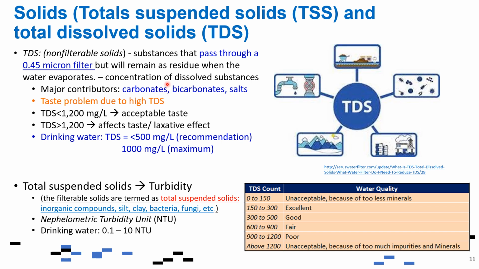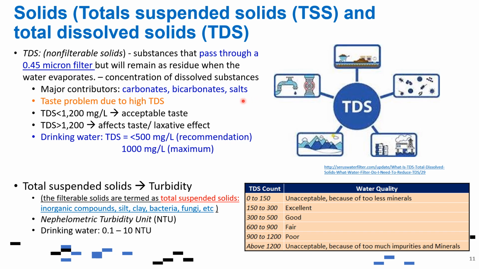So what are these two? Basically, the total dissolved solids is the concentration of the dissolved substances, and the major contributors for this are the carbonates, bicarbonates, and many salts. If you have very, very high TDS, it could be an indicator of the presence of harmful contaminants, such as iron or some sulfate or some arsenic.